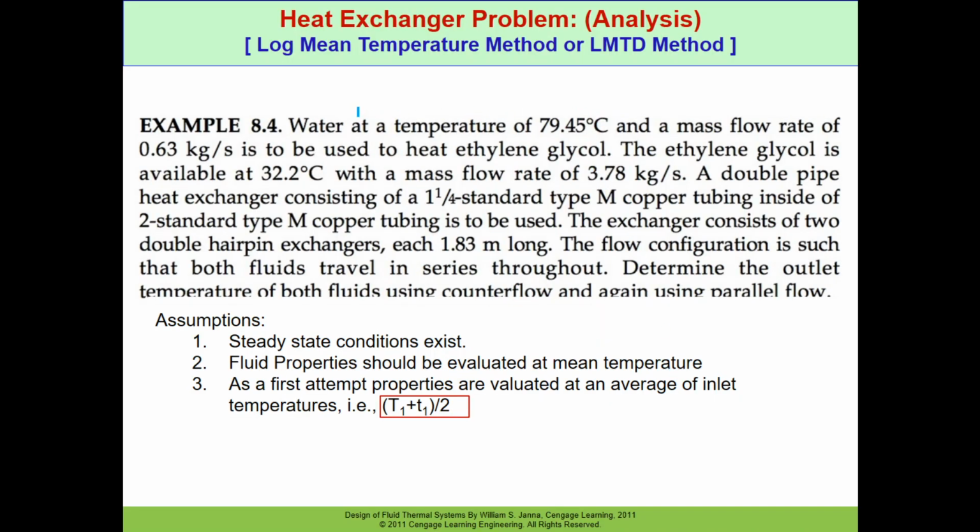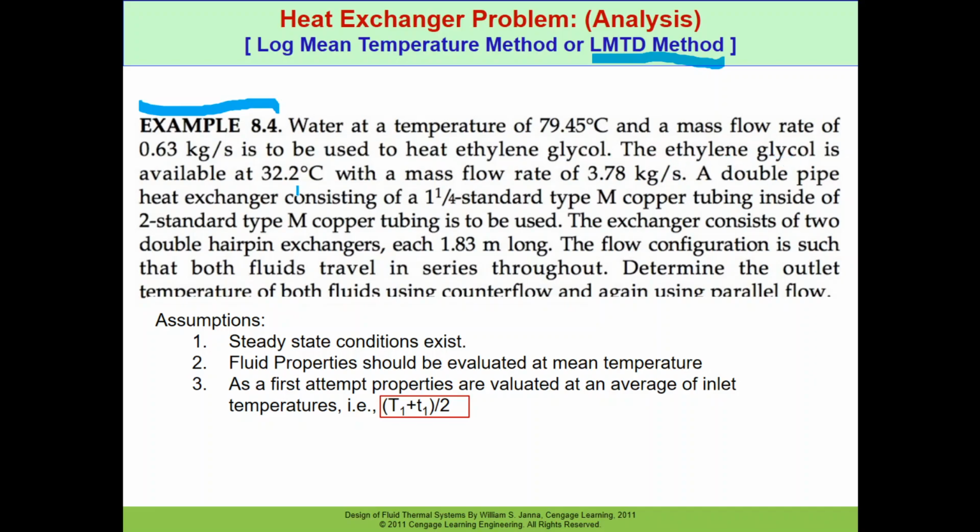So if you see this example, example 8.4, this example is based on the LMTD method, and it's an analysis type of problem. That means the heat exchanger design is given in this problem. So the water at a temperature of 79.45 degrees Celsius and a mass flow rate of 0.63 kg per second is used to heat ethylene glycol.